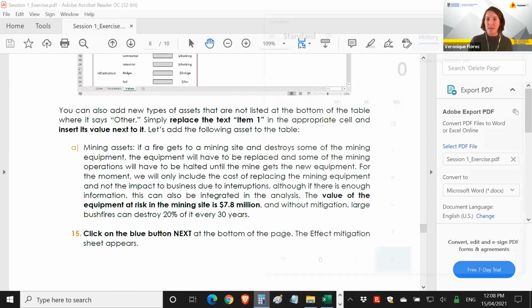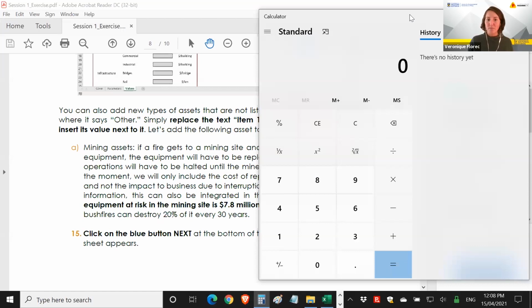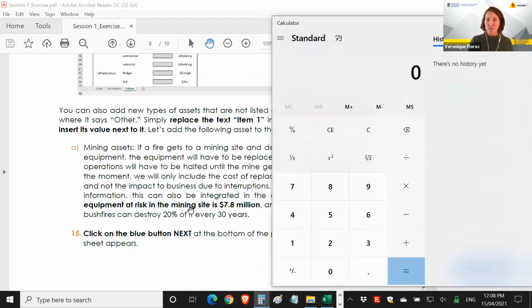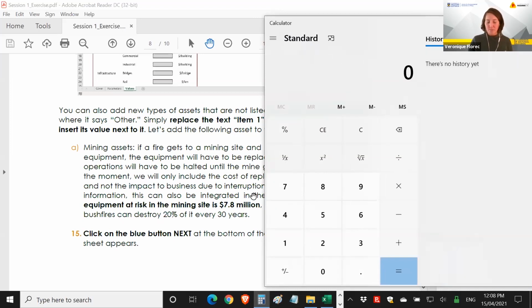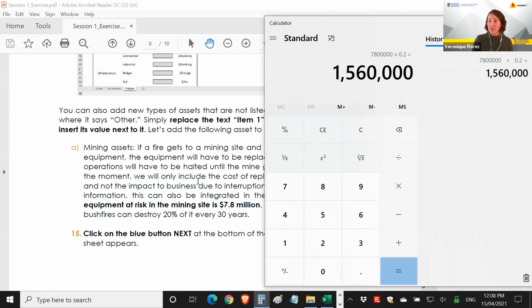So I'm going to open my calculator here, and you'll be able to see the information in the exercise and the calculator. If I destroy 20% of this mining equipment, that's 7,800,000 times 20%. So basically, every 30 years, 1,560,000 of that equipment gets destroyed.